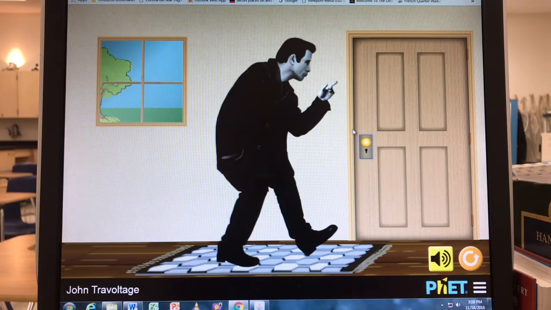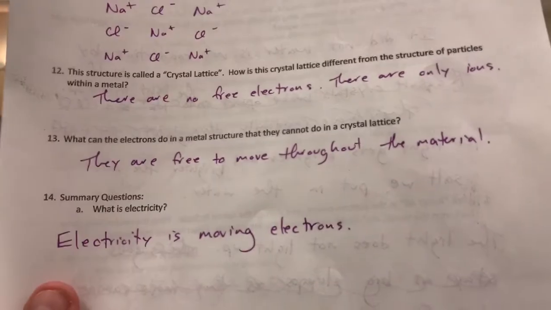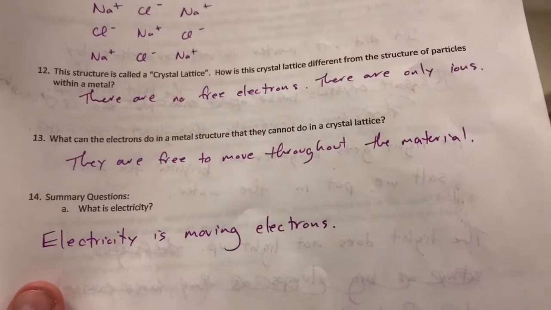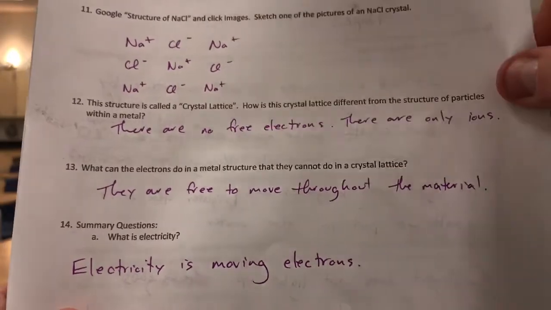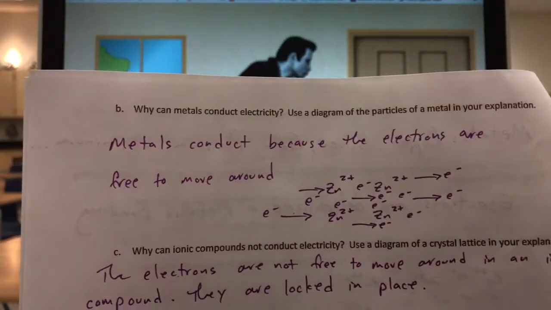The difference between this and normal electricity through a wire is that this has a large resistance to that flow and wires generally don't. So electricity is nothing more than electrons that move from one place to another, and they move really easily through metals. Going on to the next summary bit: why can metals conduct electricity?